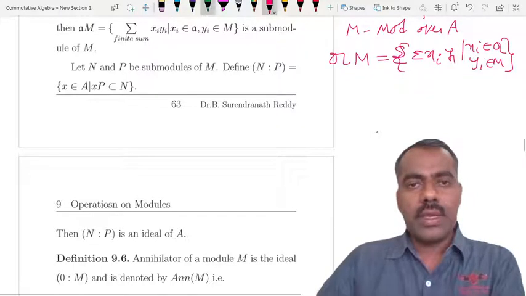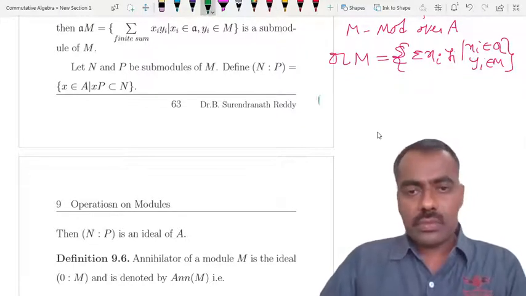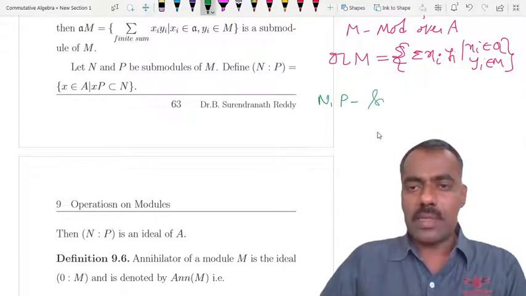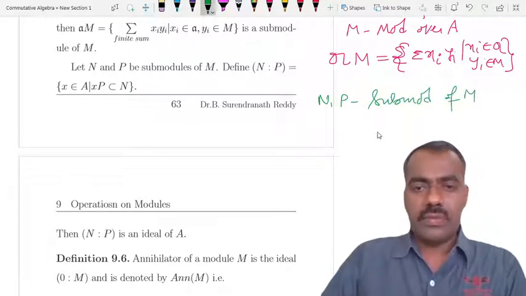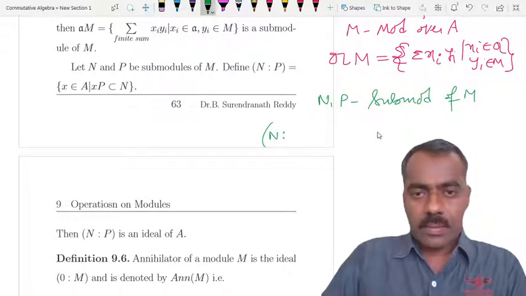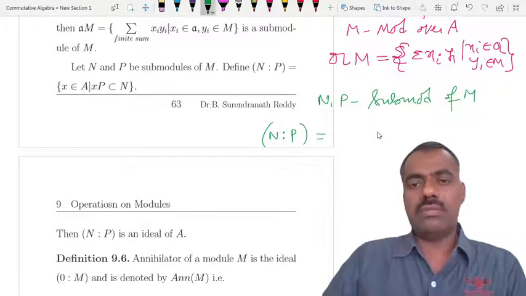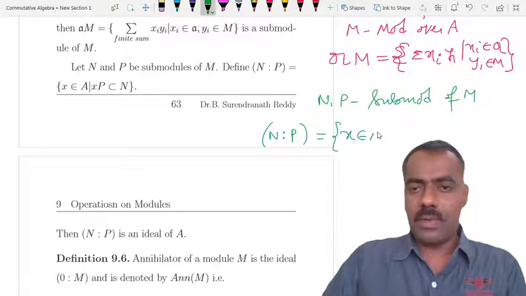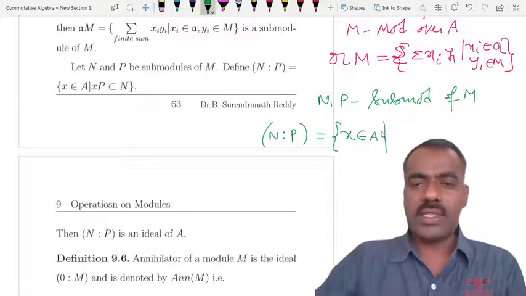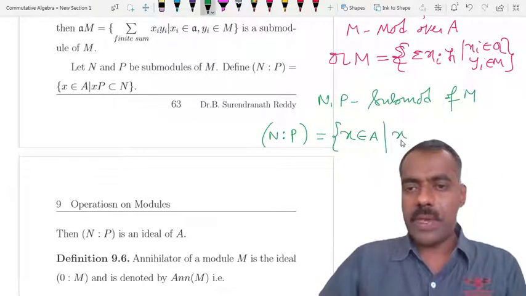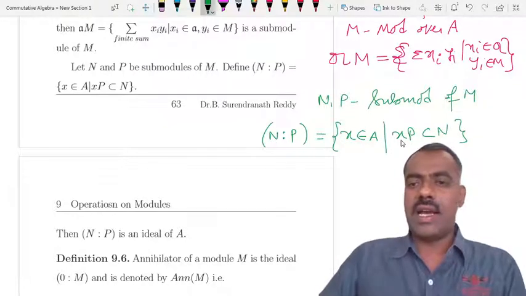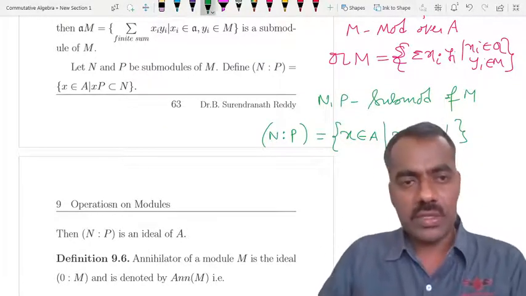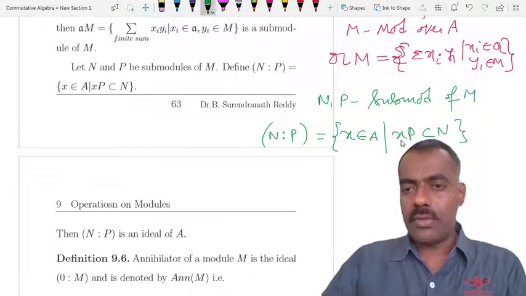Now suppose n and p are submodules of m. Then you can define n divided by p as all x belonging to the ring such that x times p is contained in n. Just like x times p should be a submodule of n.